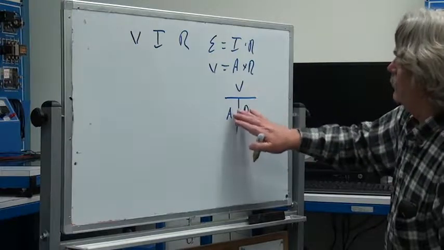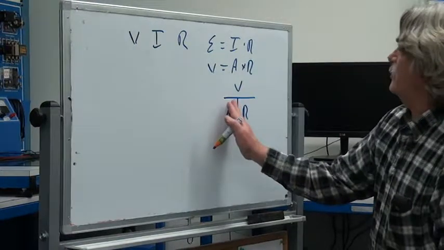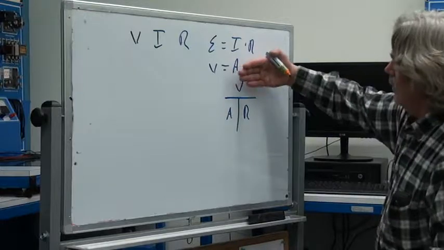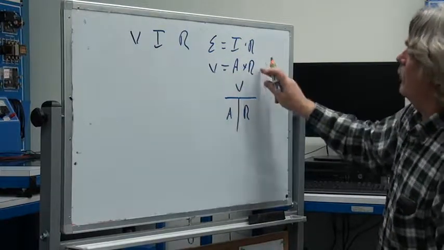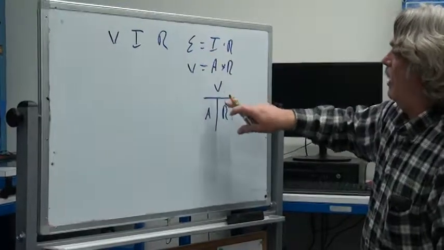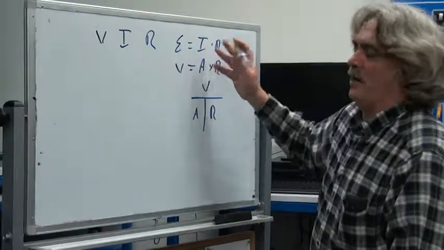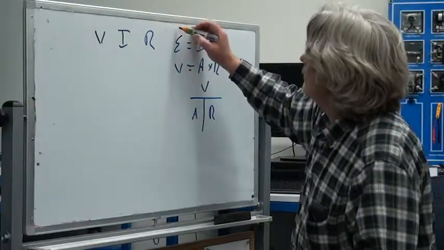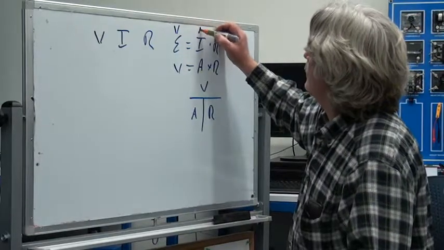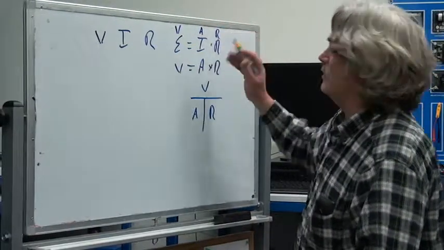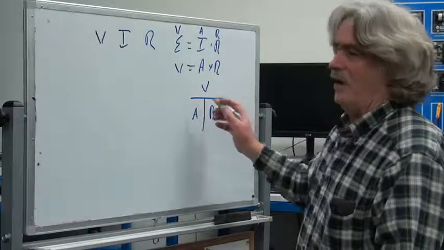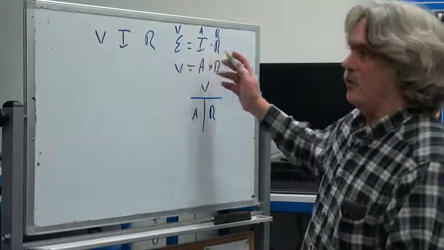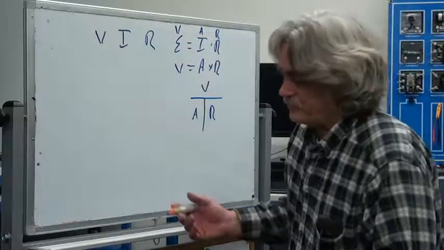R is equal to volts divided by current, amps is equal to volts divided by resistance, and volts is equal to amps times resistance. And so it's the three versions of Ohm's law, V, A, and R, or E, I, and R, where E is the same as volts, I is the same as amperage, and R is the same as resistance. And you can use these interchangeably. I'll try and stick with V, A, and R, although I'm more familiar myself with E, I, and R.